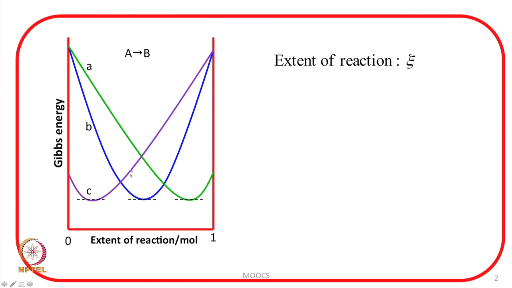In case of C, the reaction almost does not take place, because very small amount of product will be formed. The minima is very close to the reactant, and here in case of blue curve, at equilibrium you will have appreciable amount of product as well as appreciable amount of reactant, because here extent of reaction is almost equal to 0.5, where the minima in this curve lies.